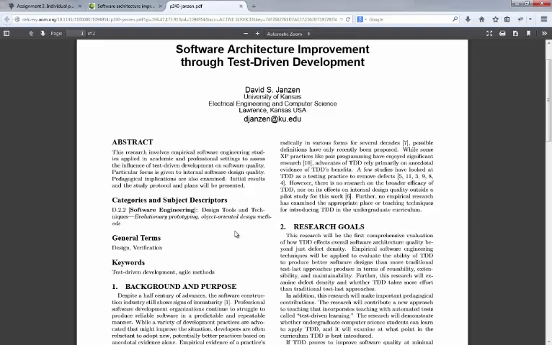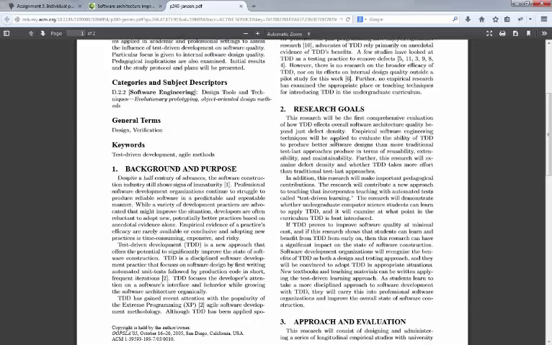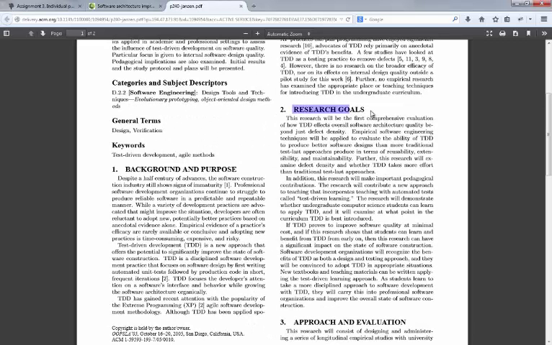And then they present what they want to change. In this case, they have some kind of research goals. I don't know if this is a good paper, but sometimes they say that, okay, this is our problem statement or something like that. It could be a research question, is TDD better than other agile testing techniques or something like that?